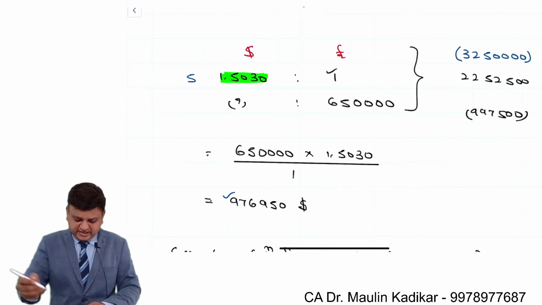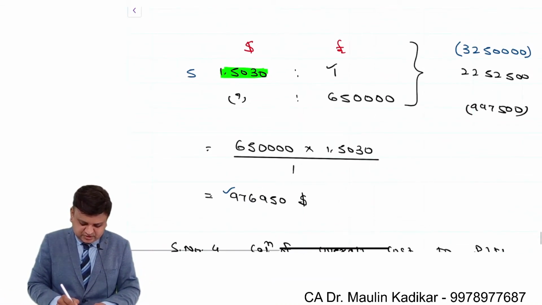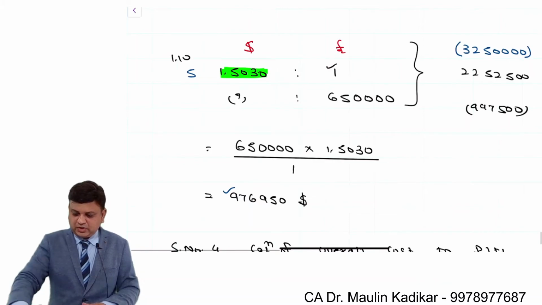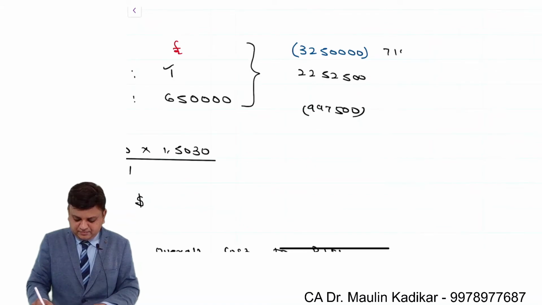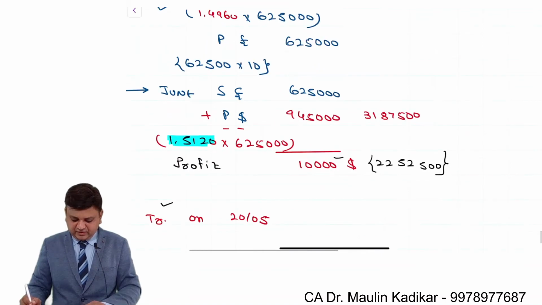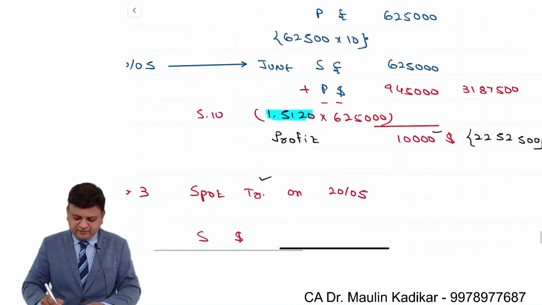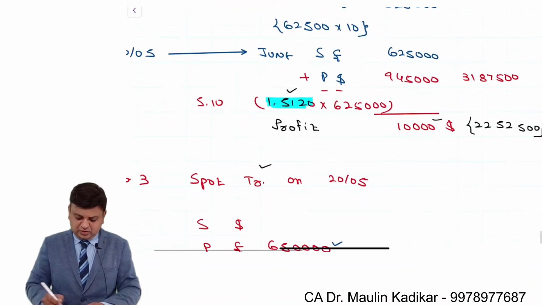Suppose the exchange rate is 1.10. So again use your calculator. 6,50,000 into 1.1. So you can purchase the pound at just $7,15,000. Over here, instead of 1.5120, let us say it is 1.12.